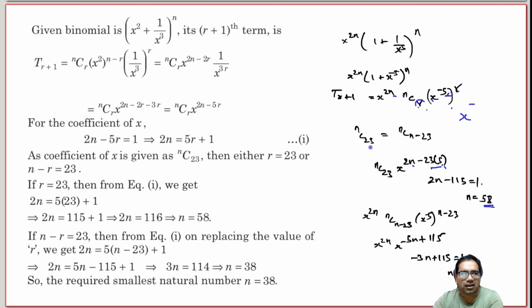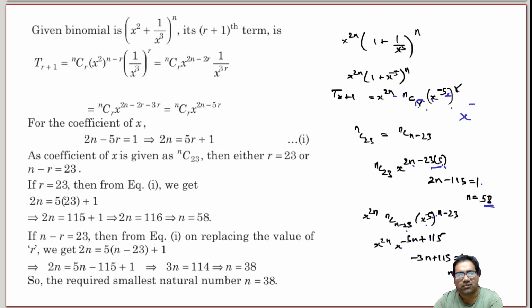When r is equal to 23 we have another option, which is r = n − 23. That is also a possible option. Now the (r+1)th term becomes x²ⁿ times nC(n−23) times (x⁻⁵) to the power n − 23, which is x²ⁿ times x⁻⁵ⁿ plus 115, basically x to the power 2n − 5n + 115.